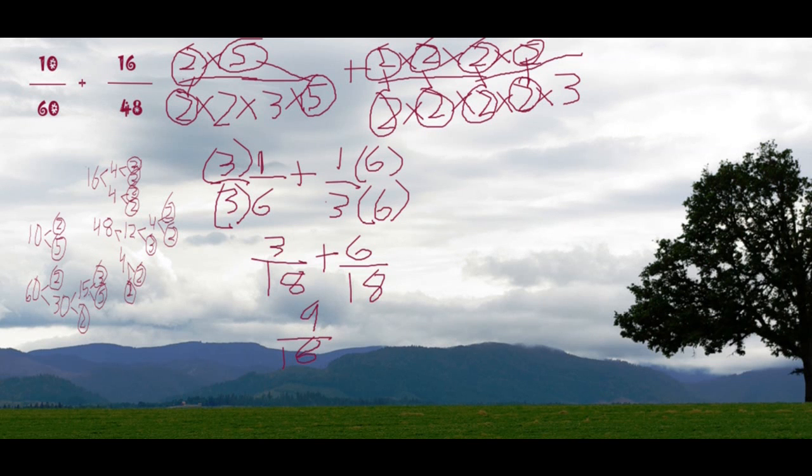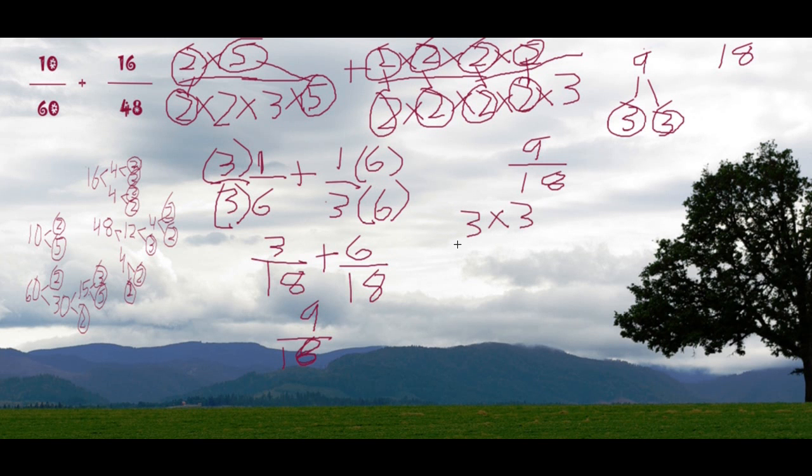Well, 9 over 18, that's not very simplified. You know what we gotta do? We gotta do some factor trees again and simplify that. So we'll make some tiny factor trees over here. So 9 is 3 times 3. So we can rewrite the top of this fraction as 3 times 3. And then 18 is 2 times 9, which is 3 times 3.